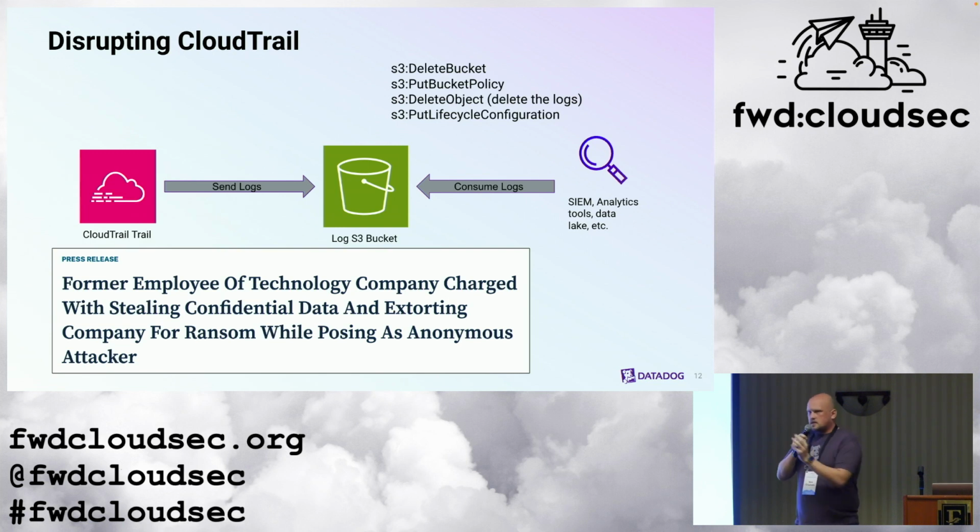Now, it's at this point that I did want to mention, in the event that this happens to you and somebody deletes your trail or deletes the logs themselves, or perhaps even non-maliciously, just accidentally, you still have access to all the management events that occurred so long as you get to it in 90 days. I think since a lot of us likely interact with CloudTrail through a third-party SIEM or something like that, it might be reasonable to assume that, hey, if the infrastructure supporting the logs gets busted, we just lost those logs.